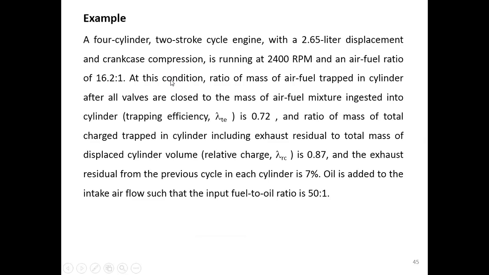At this condition, the ratio of the mass of air fuel trapped in cylinders after all valves are closed to the mass of air fuel mixture injected into the cylinder. So now they're talking about the ratio of these two masses.